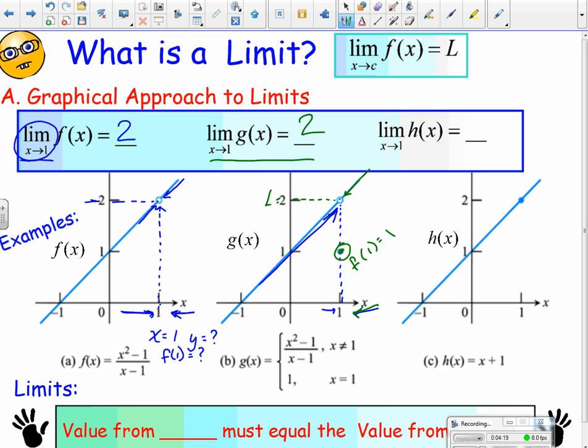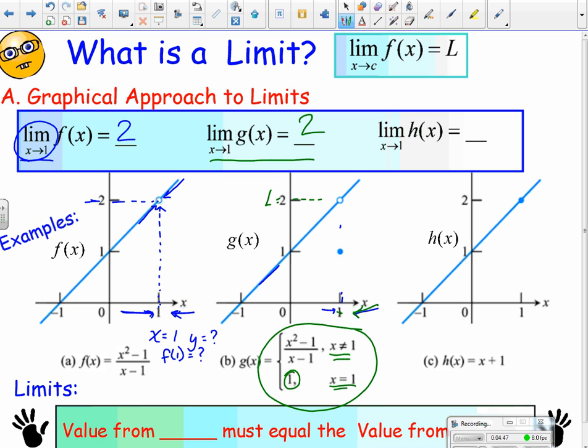We have that jump discontinuity that we talked about last year in pre-calc. x is not defined at 1 for this part of the function, but then here, when x is equal to 1, my y value becomes 1. So g of 1 is equal to 1.